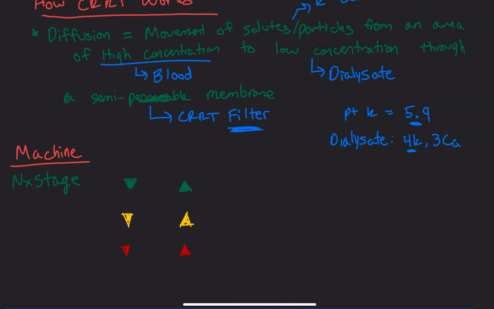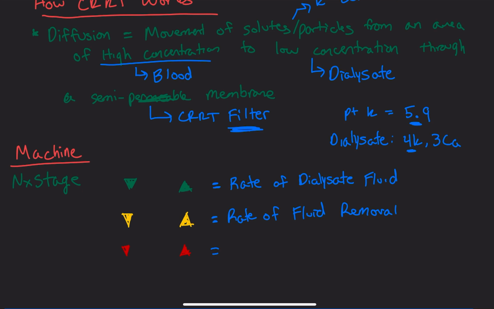The green set of arrows is going to be the rate of the dialysate fluid. The yellow is going to be the rate of fluid removal.